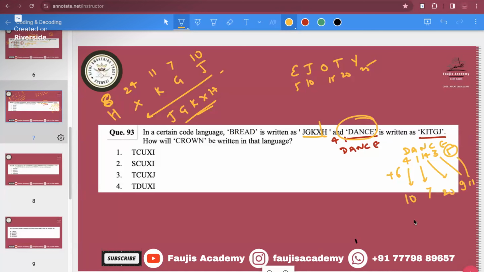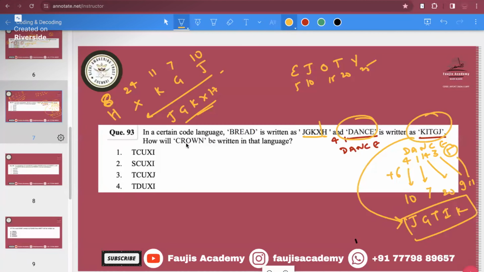So it's J, G, T, 20, 9, I, J, and J, K. Okay. So it is like this. We are getting this one, but then again reverse it.